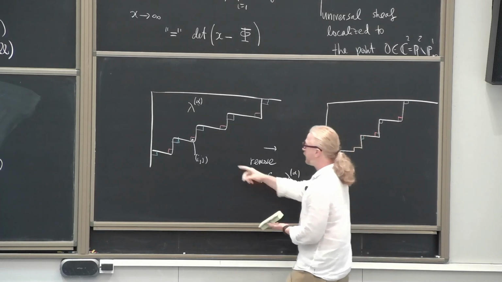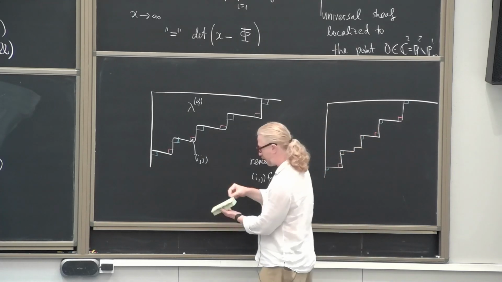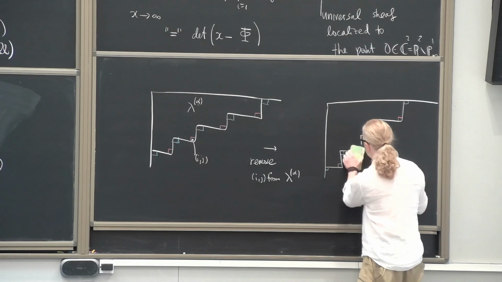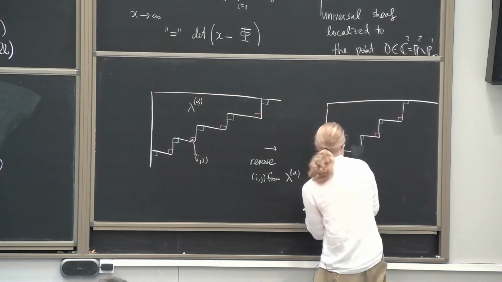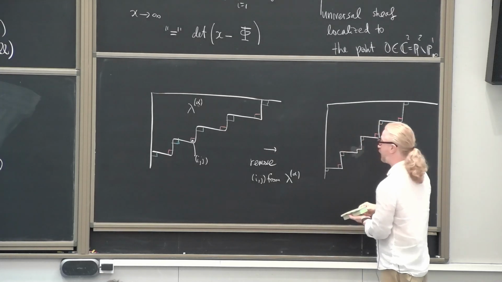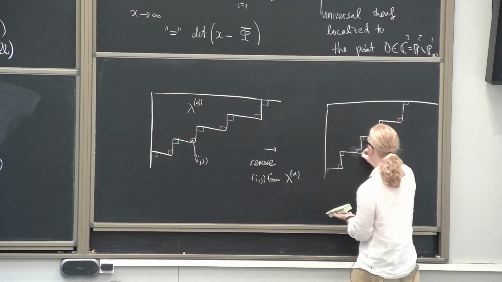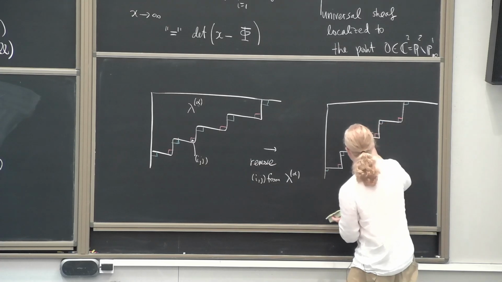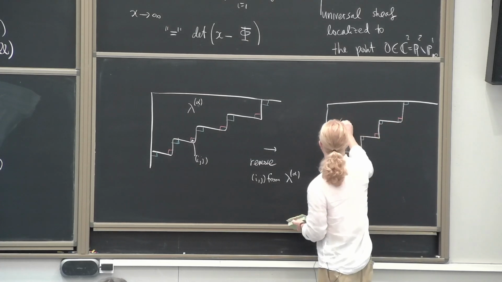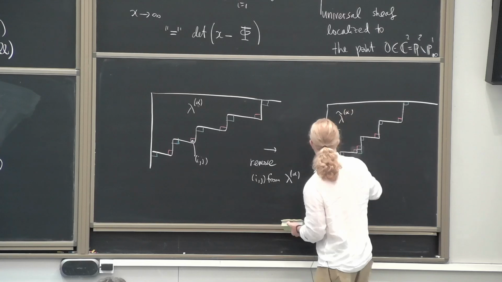I performed a little bit of surgery. I removed the red box, and now it became the blue box, and two red boxes appeared. Let me call this lambda alpha tilde.